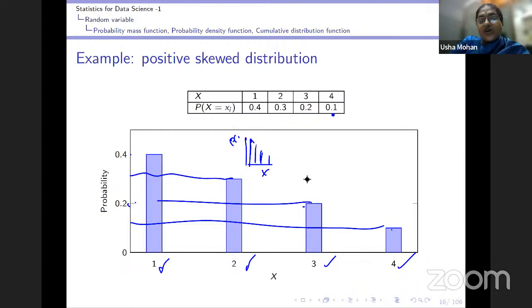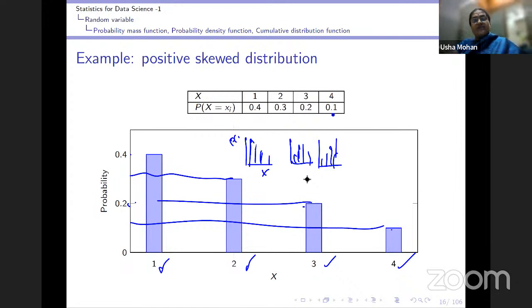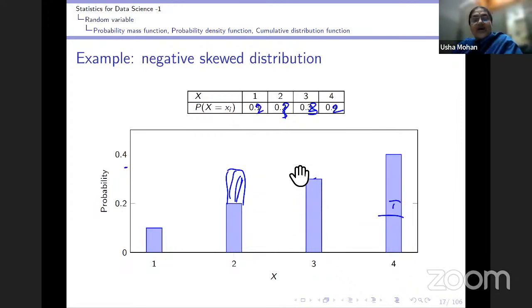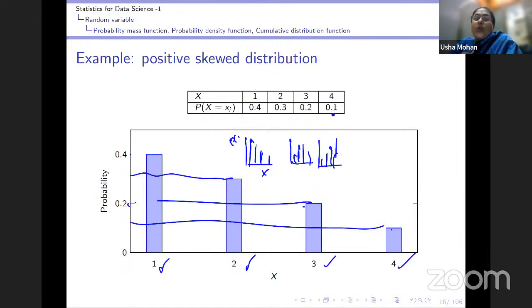This shape is not symmetric. This shape is symmetric. This shape is again not symmetric. Calling it positive skewed or negative skewed is basically whether it is left skewed or right skewed, so the values are skewed to one side.